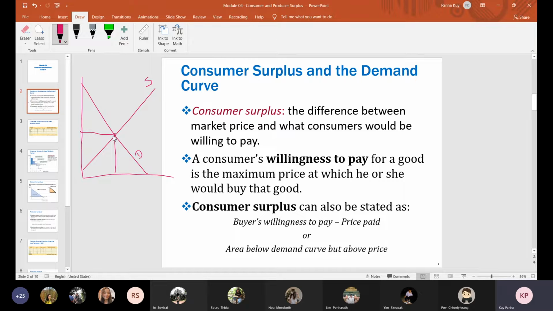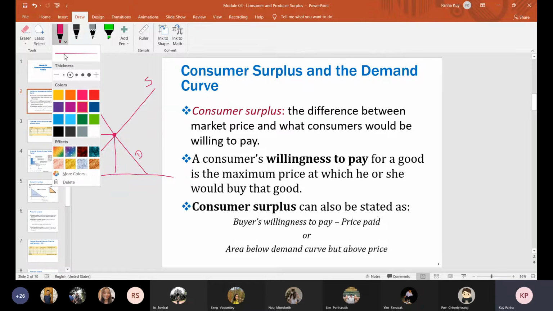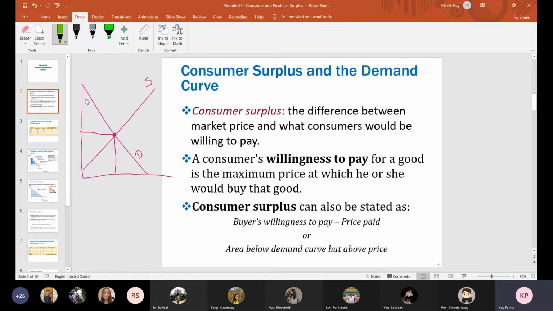For example, I'm willing to pay $5 for my cup of coffee, but when I go to the coffee store, I pay only $2.5. So I gained $2.5. For this concept, you can illustrate the consumer surplus within this triangle, this area.